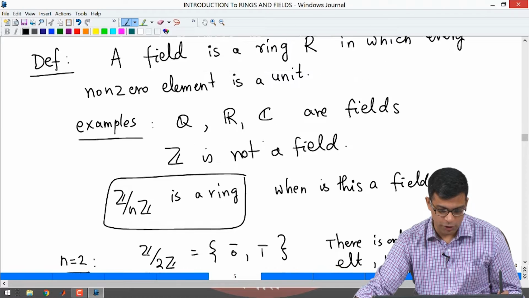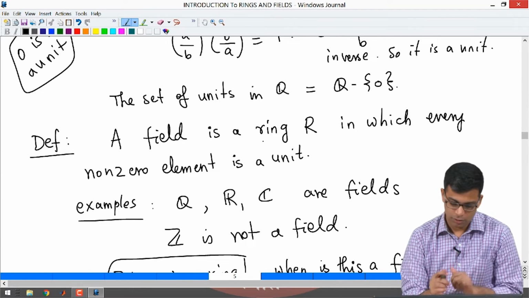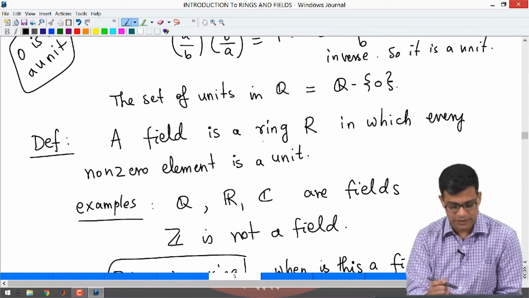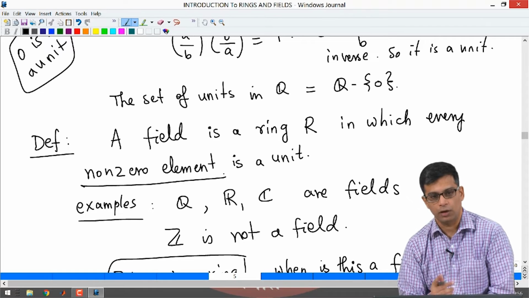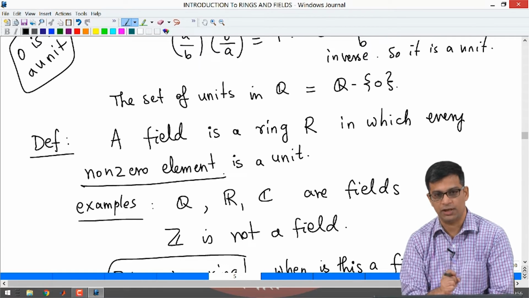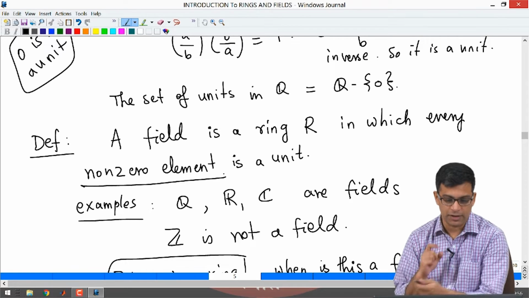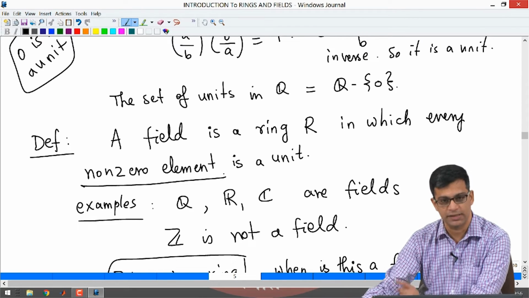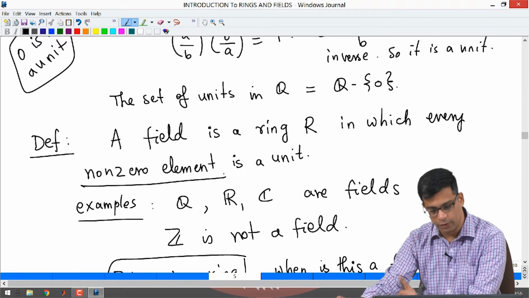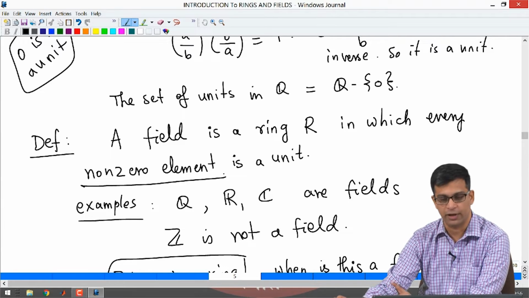When I say non-zero elements in a ring, if you remember in the previous video I said a field is a ring where every non-zero element is a unit. A non-zero element by definition is any element that is not equal to the additive identity. It is our convention to call the additive identity 0 and the multiplicative identity 1.